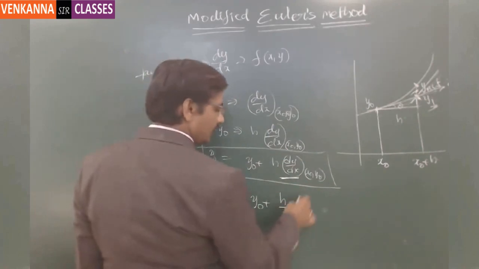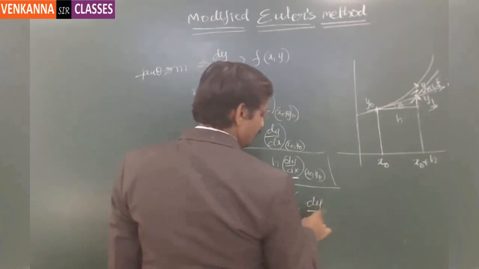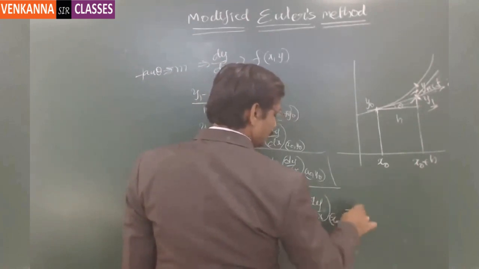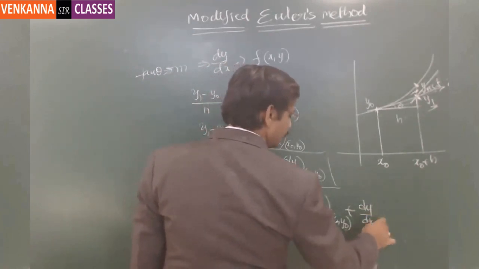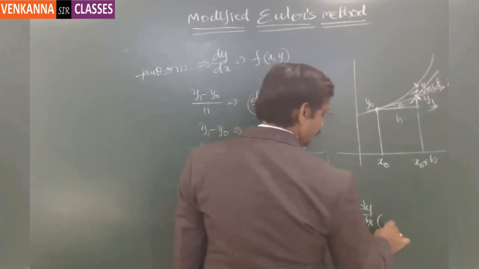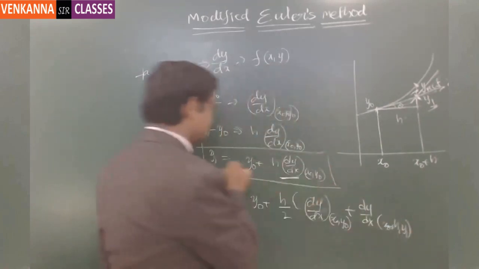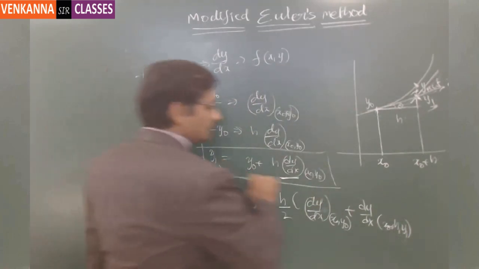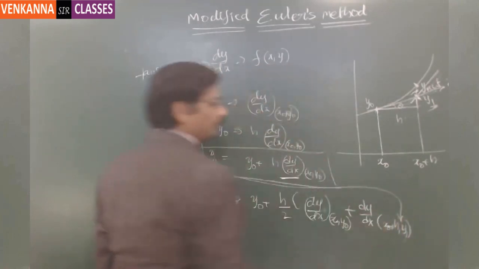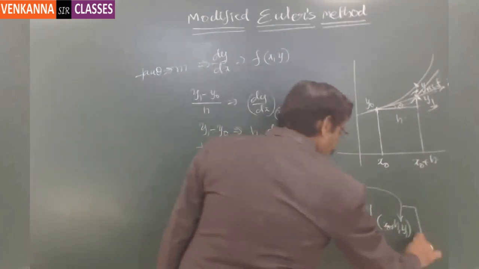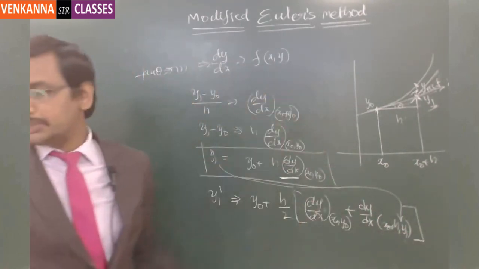So you have to take the average of this, that is dy by dx at x naught comma y naught plus dy by dx at x naught plus h comma y1. This y1 is the one we have just calculated here. So this value is used here, and if you take the average of these two, you are going to get a better approximation there.